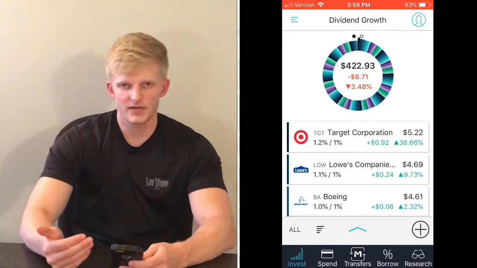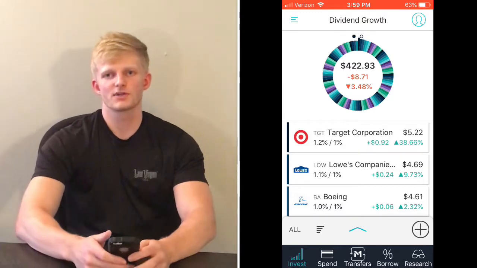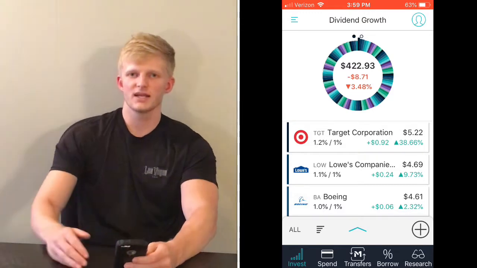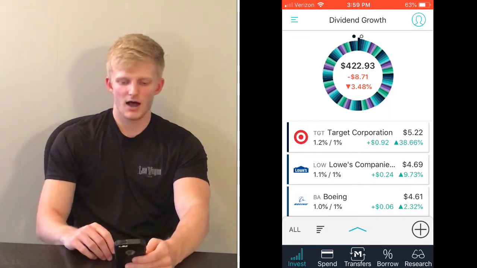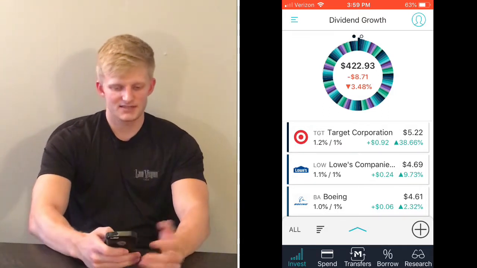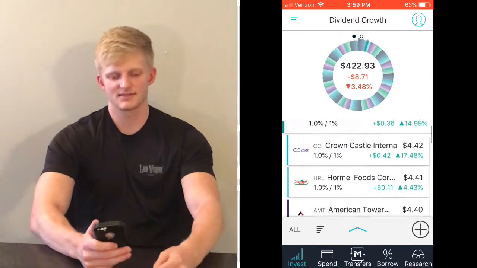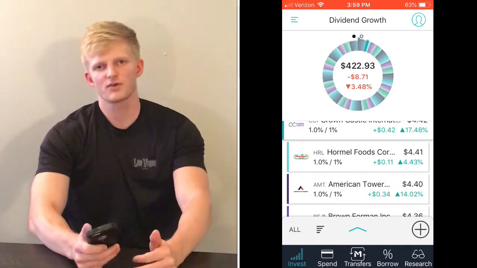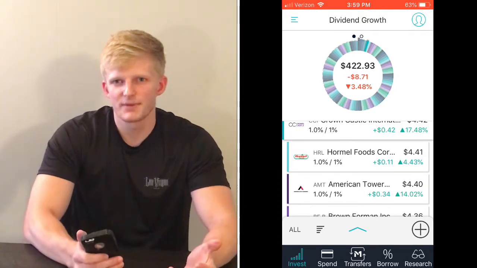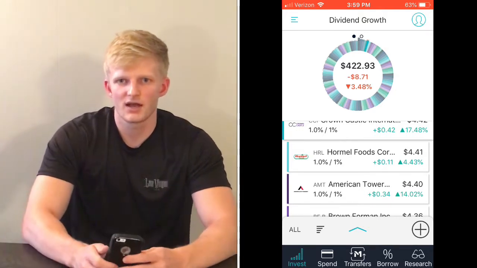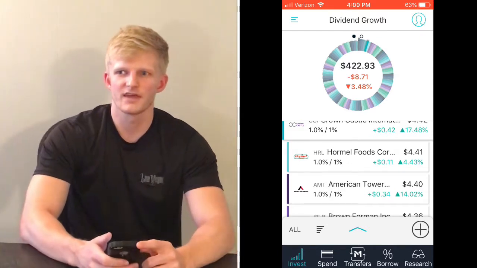M1 Finance is a pretty simple app to use. It's pretty intuitive. As you get into it, you'll pick it up pretty quickly. Like I said, it has some advantages compared to Robinhood, but the main disadvantage compared to Robinhood is that you cannot day trade and you can't really even swing trade with it.